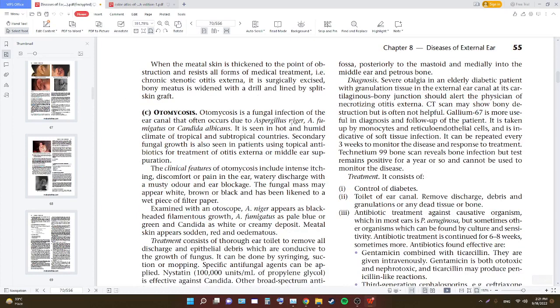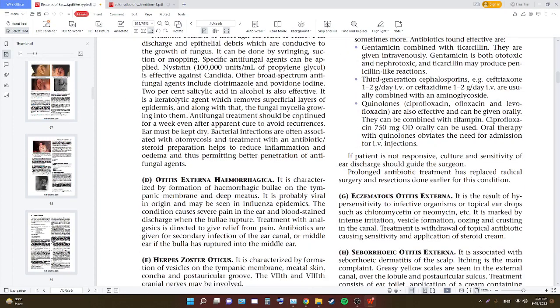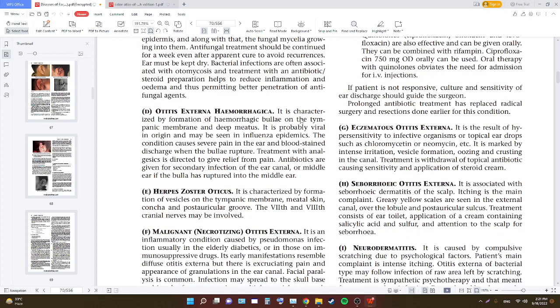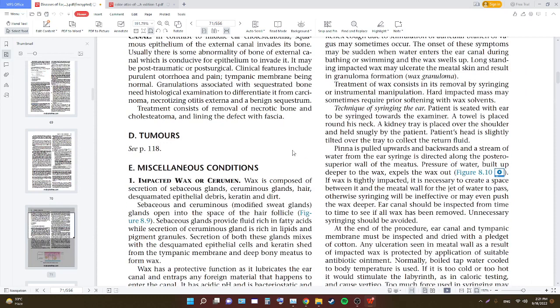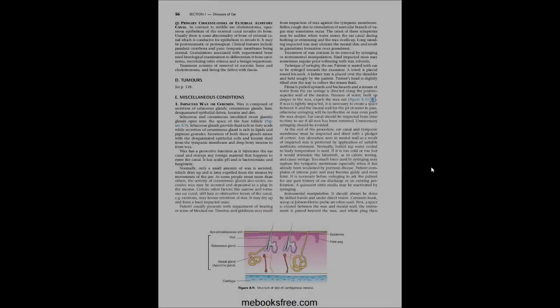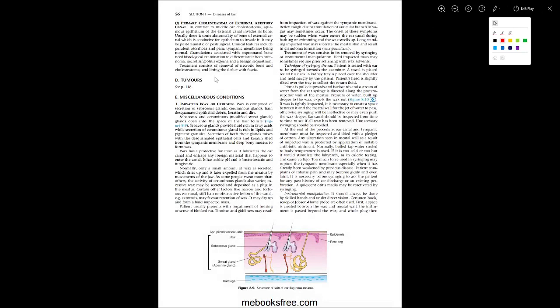Let's go back to our topic. Okay, these types are not very important. There can also be impacted wax, meaning that the wax was collected too much in the ear and it started obstructing the sound going inside to the tympanic membrane, and the person started hearing less and less day by day.